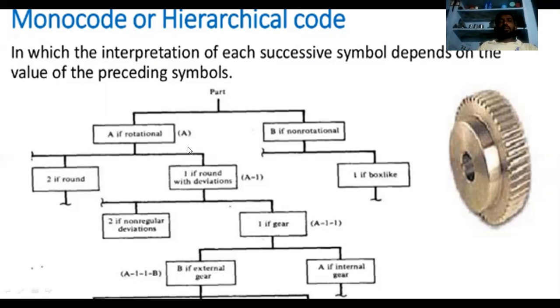By using this code we can successfully manufacture a part, and the part is nothing but a gear. This is the monocode, or we can call it the hierarchical code. By using these codes, automatically you can manufacture these gears.